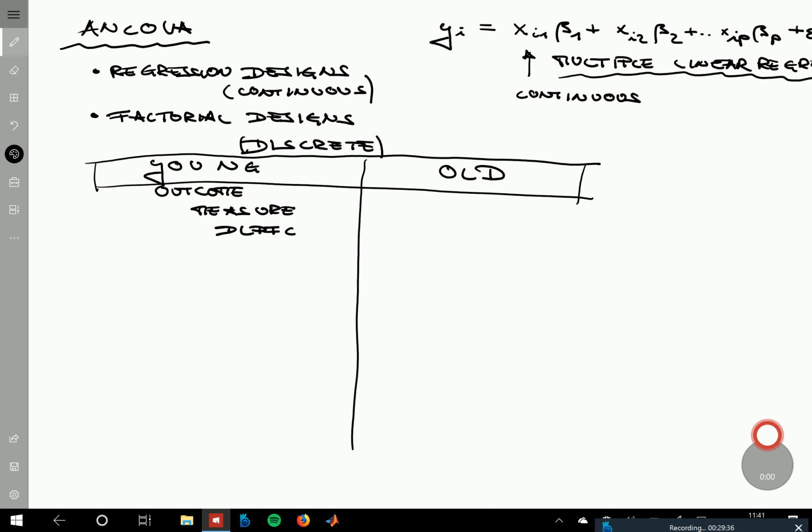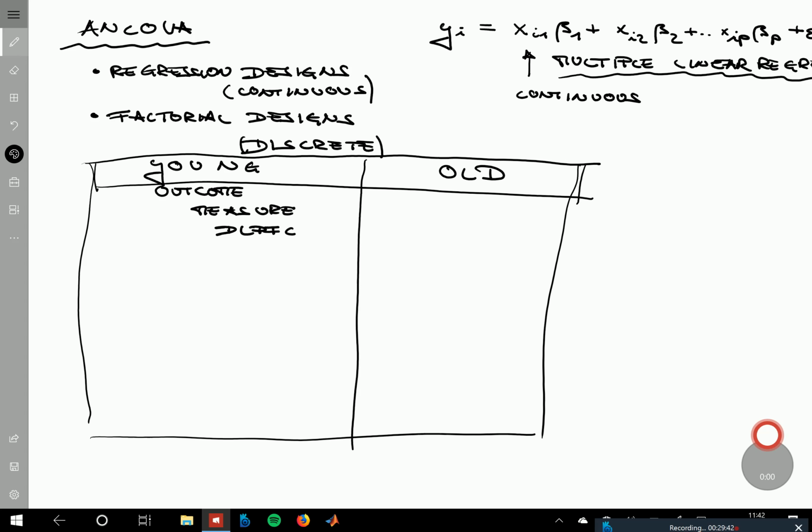We look at their DLPFC volume, and for each of these outcome measures, I'm just making up some values here.